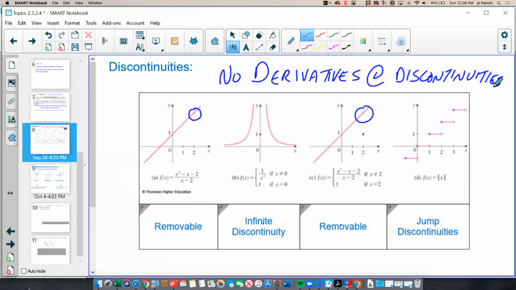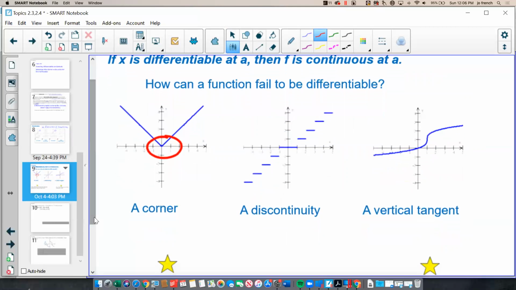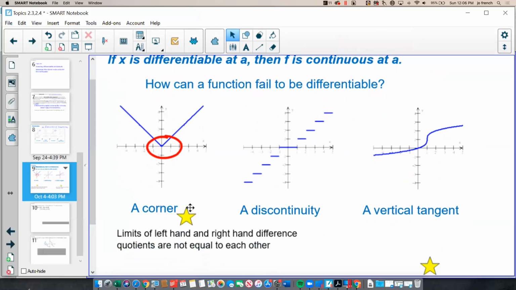Now, when we look at these situations and we're thinking about when can we take a derivative, it helps to visualize when we can't. So, places where a function can fail to be differentiable. If we have a sharp corner here, we can't draw a tangent line there because we're not sure what kind of a slope is actually occurring there. What's really happening here is that our difference quotients are not equal to each other as they converge upon that sharp corner.